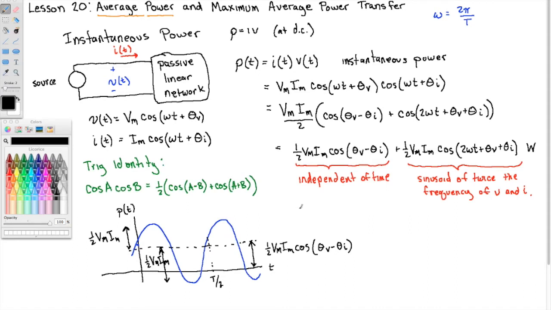What usually we're concerned with is the average power. Tell me on average how much power the passive linear network is absorbing or supplying. Actually, it can't on average supply any power because it's passive. So tell me on average, how much is this thing absorbing? Why this is important is because this has implications for, for example, battery life in phones and computers and so forth. The battery life is going to be related to the average power that its components absorb.